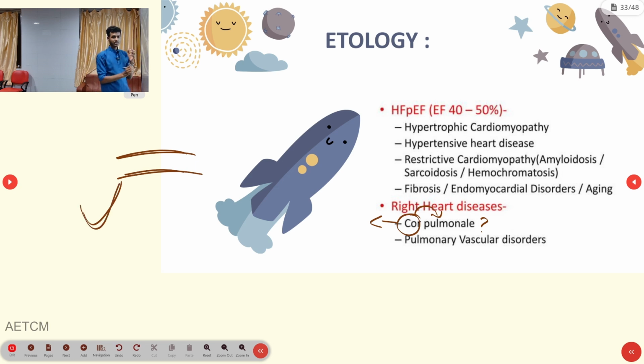So if your right ventricle wants to eject blood, it has to take more effort, because the afterload will increase. If it is doing this for a long time, the muscle gets fatigued, and then ultimately it goes into cardiac failure. So cor pulmonale means heart failure happens because of the pulmonary pathology.